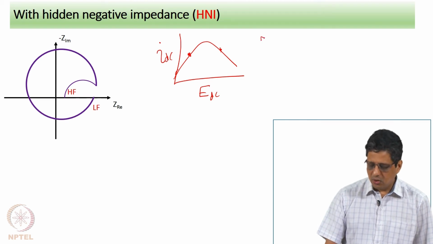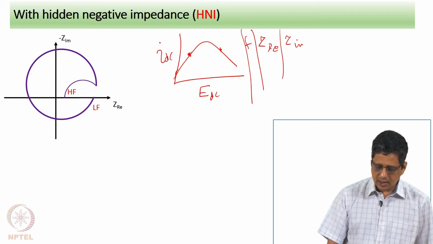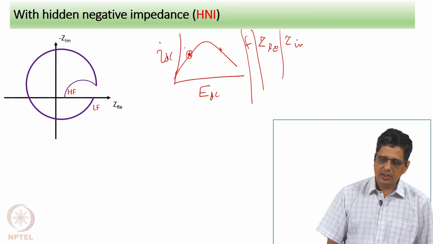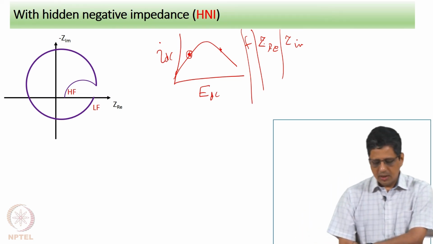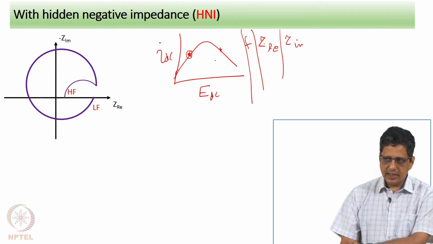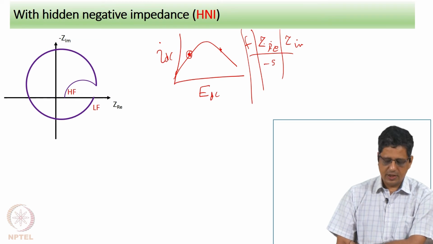That is, if I look at Z real and Z imaginary versus frequency, I do not have any reason to think that impedance data acquired at this DC potential will show a negative value for Z real. That means from the polarization data I cannot guess that this spectrum can have negative values for Z real.